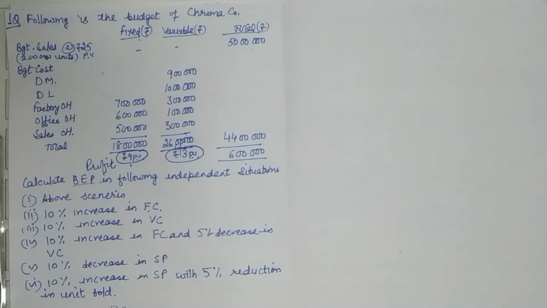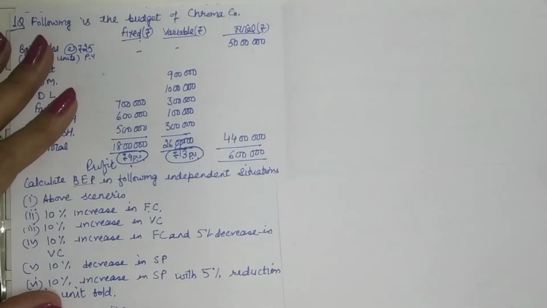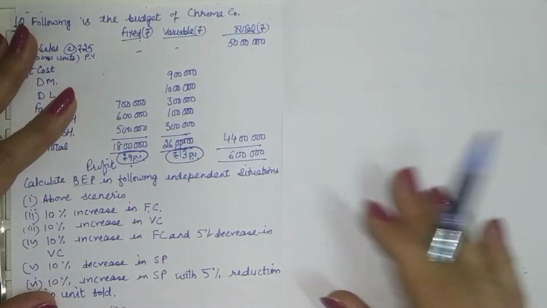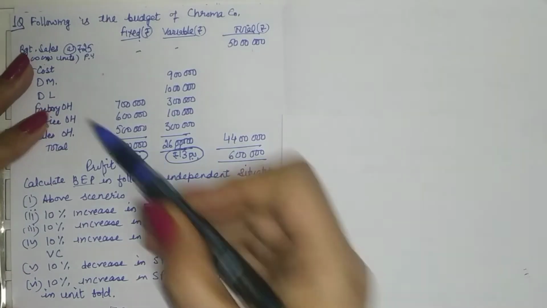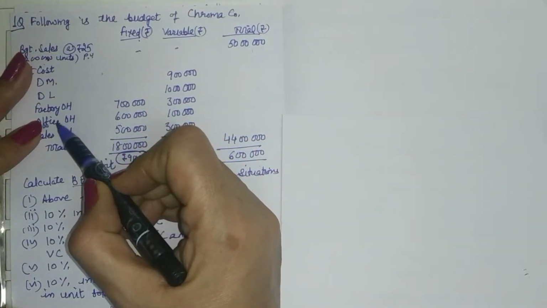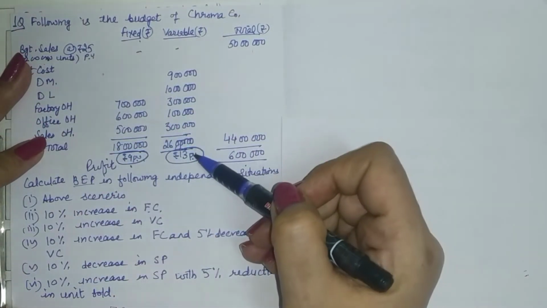Now, let us start with the basic question. Before we make calculations, we usually present our information in form of a statement. That is contribution based cost sheet. Since we are having different components of cost, so do we need to record all?